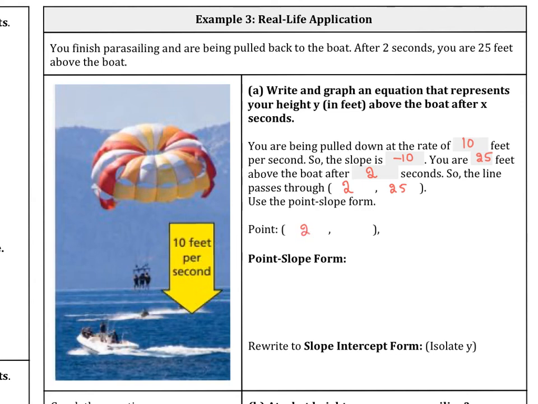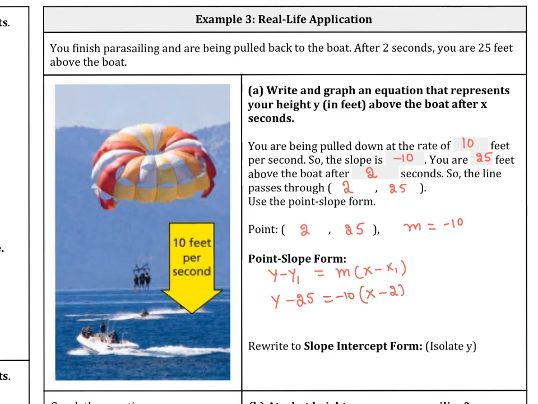So the point is (2, 25), and the slope we already discussed is negative 10. Point slope form is y minus y1 equals m times x minus x1, where y1 is 25, m is negative 10, and x1 is 2.